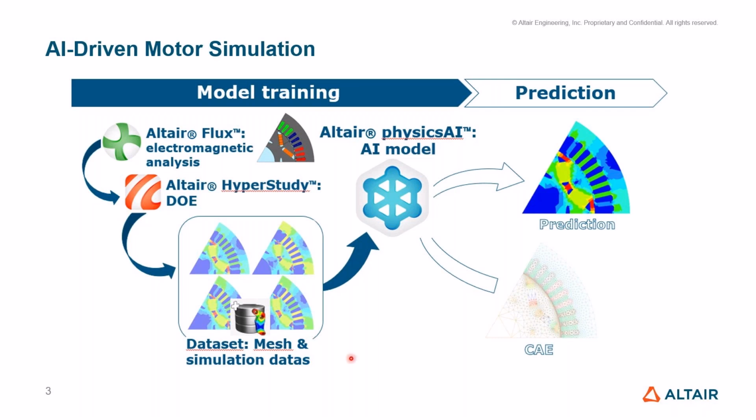That is nothing but the mesh and simulation data set that we are going to use to train our physics AI model. Once we train our physics AI model, we have the AI model, so we no longer need the Flux model anymore. We are going to use the AI model within HyperStudy again to run our optimization. That's the workflow we follow when we use physics AI to optimize the motor geometry.